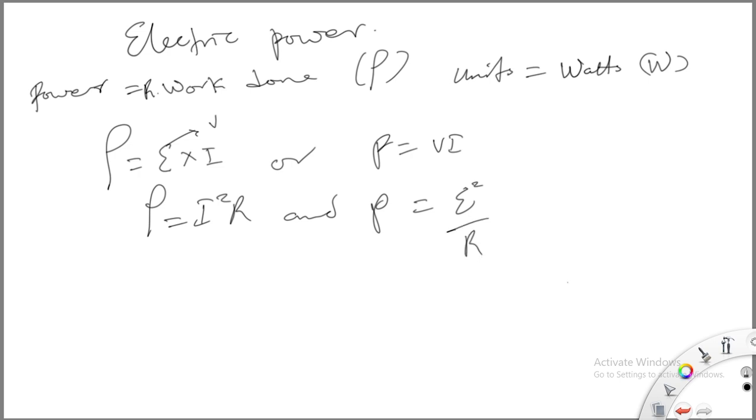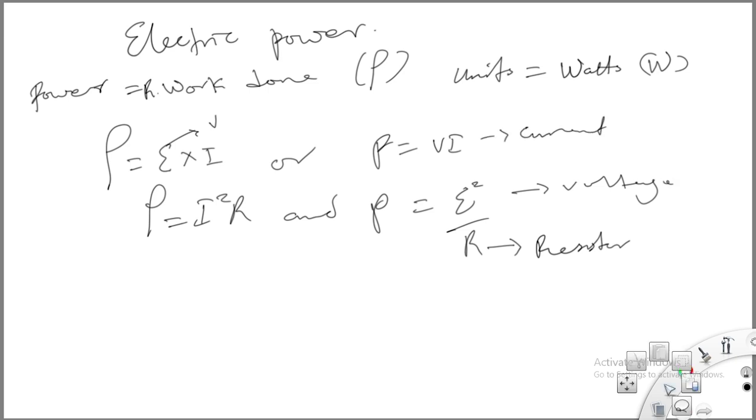So having done this, this is the resistance value, this is the voltage, and I is always the current. I hope you understood. So let's now dive into an example.